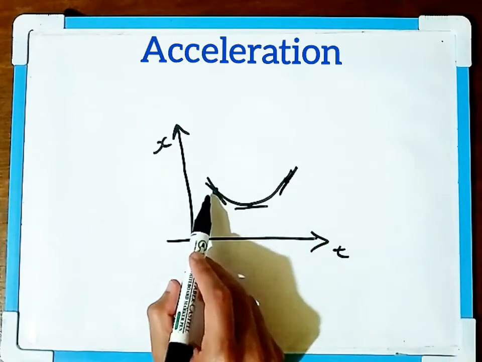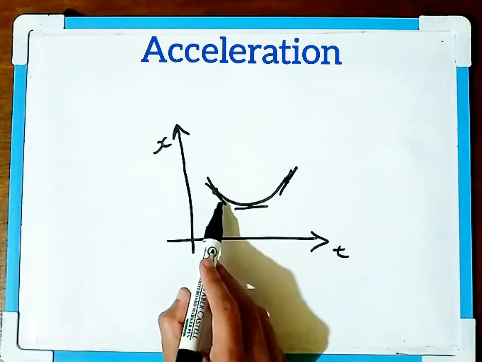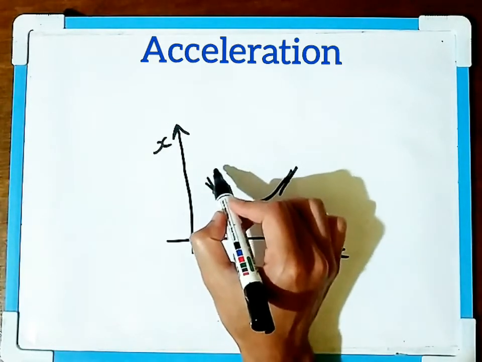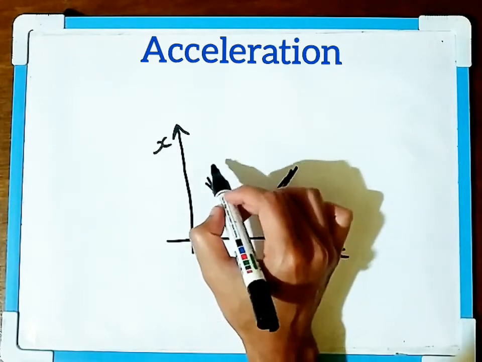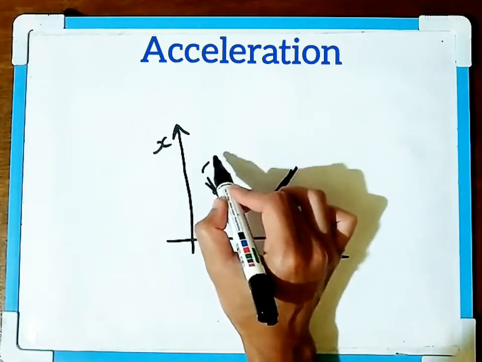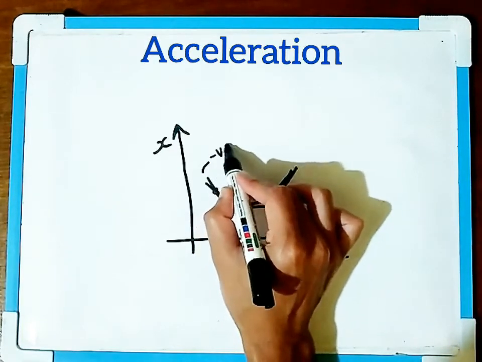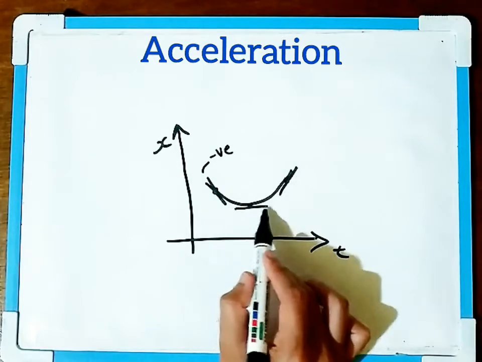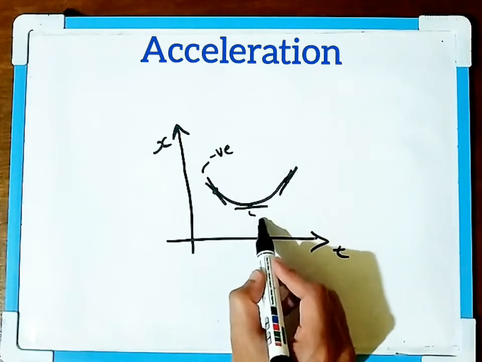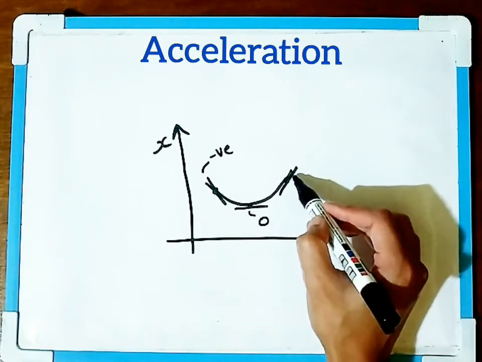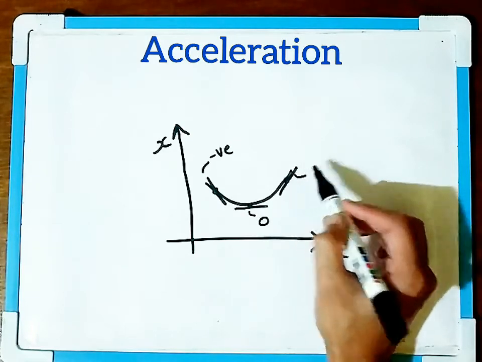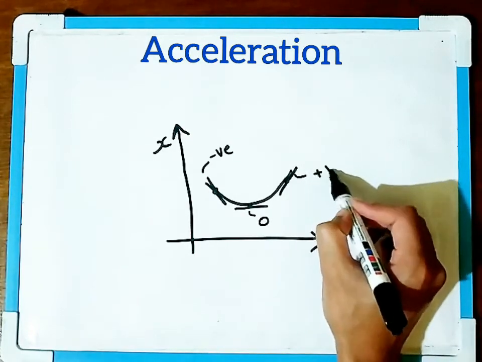And as you can see here, the slope is negative, so here the velocity is negative. Here you can see that the slope is 0, so the velocity is 0, and here the slope is positive, so the velocity is positive.